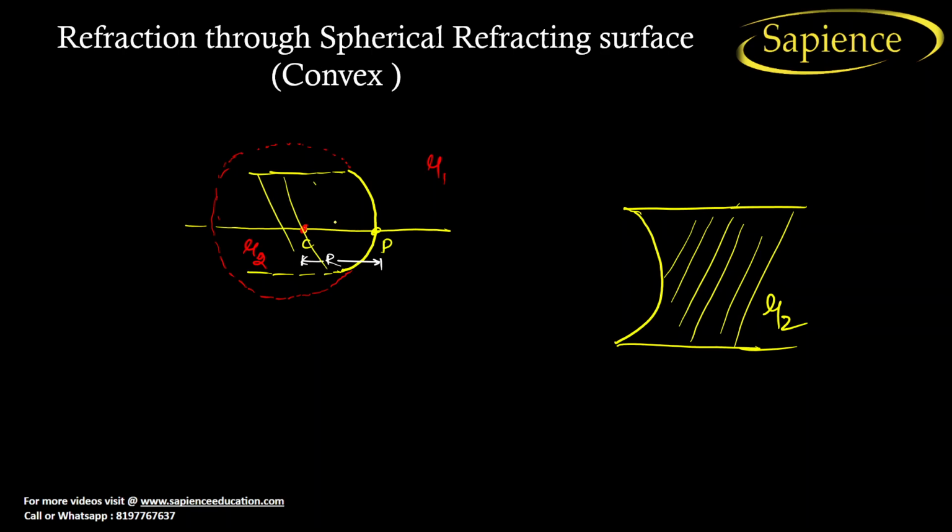If you want to find the radius of curvature, let us consider this curve as part of a sphere. This is the center of curvature, this is the pole, this is your mu1, and this is your mu2, right?